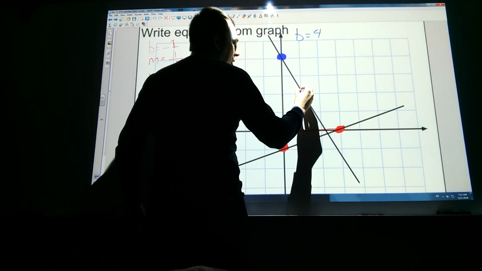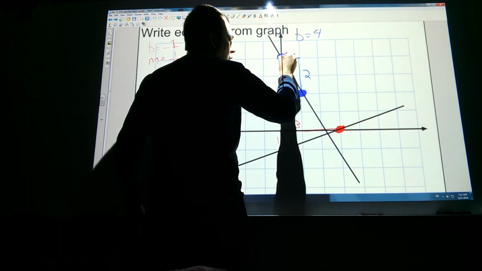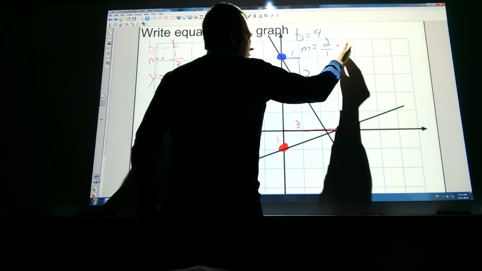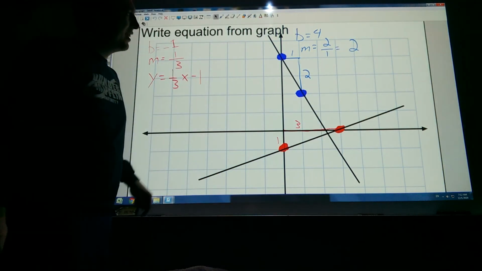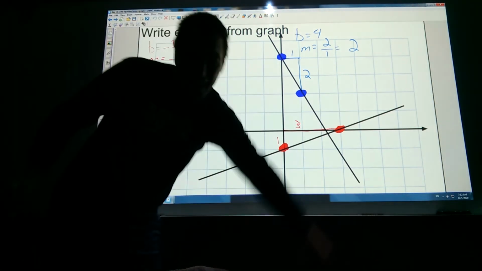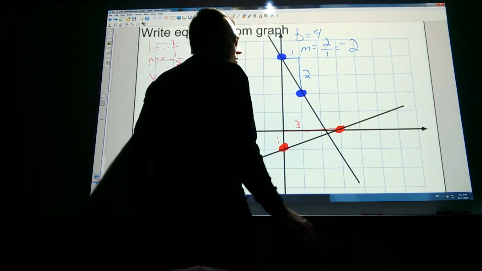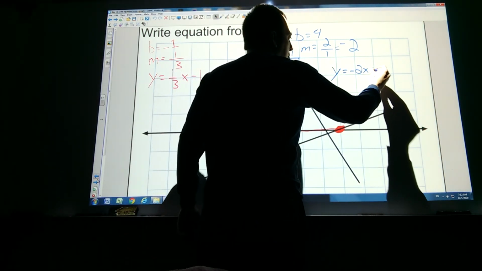And the slope, I go up 2, over 1, up 2, over 1. 2 divided by 1 is 2. But the biggest thing is, this line is going down. So the slope is negative 2. Y equals negative 2x plus 4.